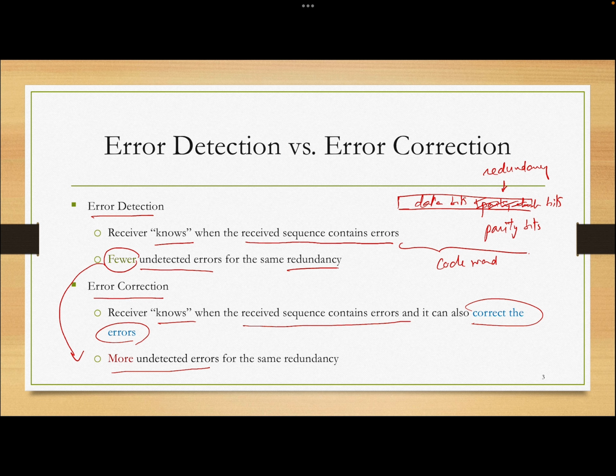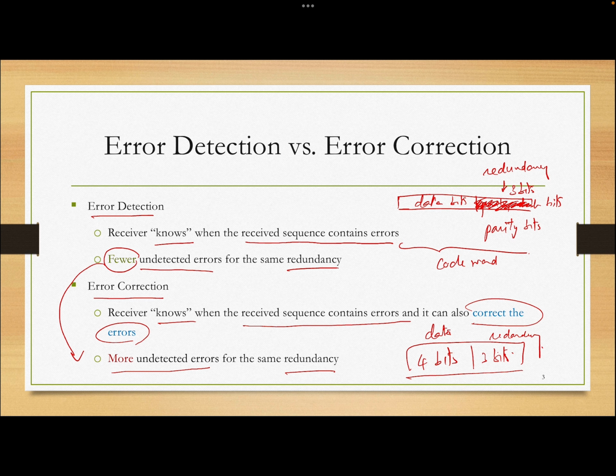That's why, with the same redundancy bits that you add, for example let's say 3-bit parity, you have more undetected errors because you have to also correct. So your ability to detect is lower. For example, you may have 4 bits here, 3 bits here, and this is the data, and this is the redundancy.